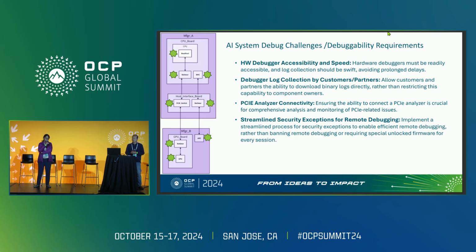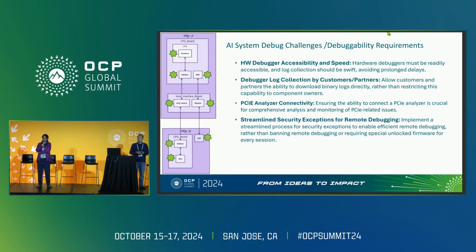So the learning here is how can hyperscalers use this more effectively and download these binary logs and decode them to a certain extent to do some assessment and analysis prior to involving multiple parties, so that the debug can move faster.